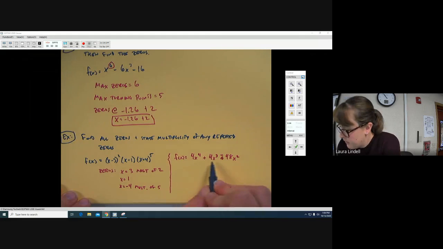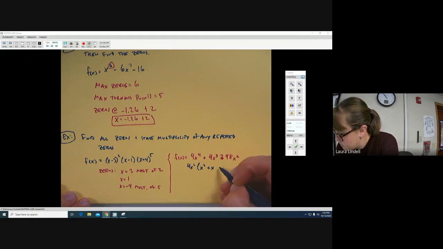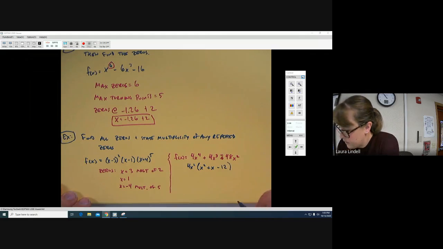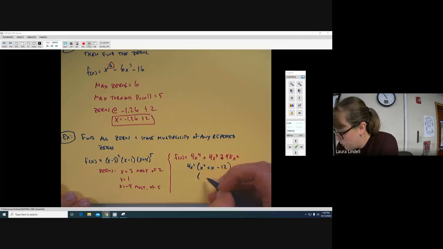So the greatest common factor here would be 4x squared. So we'd factor that out and get x squared plus x minus 12. And then continuing to factor here, things that multiply to -12 and add to 1, we'd end up with (x plus 4) times (x minus 3).